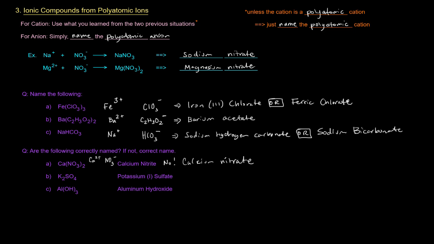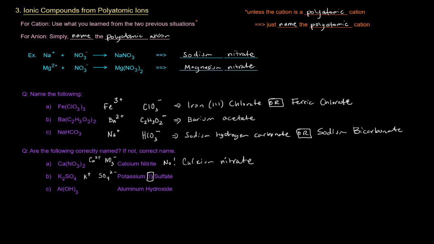All right, part B. We have K, that's potassium ion, so K+. SO4, that is sulfate, SO4 2-. So the name there should be potassium sulfate. Now this one has something wrong with it, because this 1 is shown explicitly in the Roman numeral.